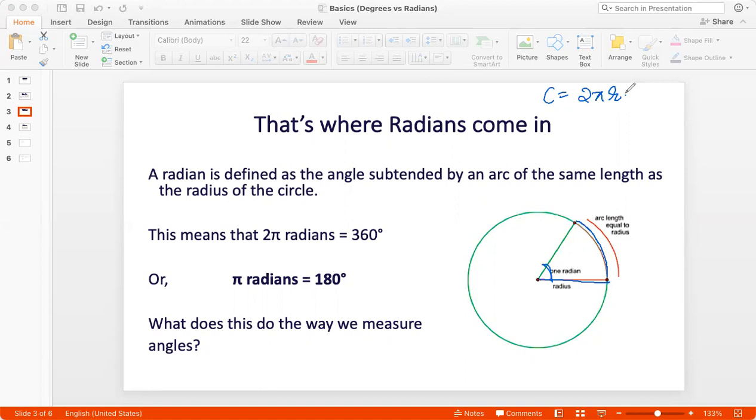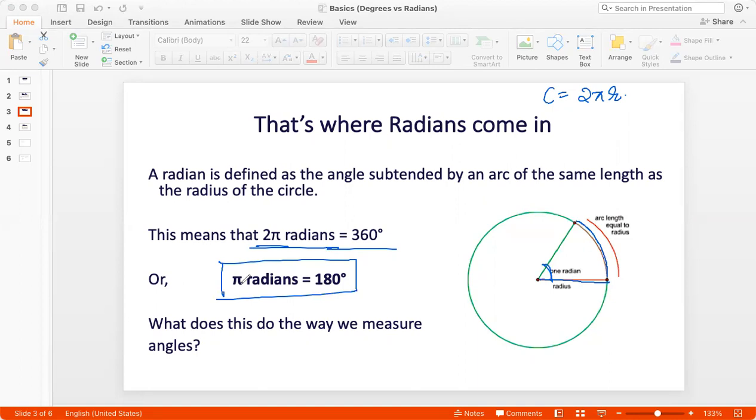That divided by the radius is 2 pi radians. So an entire circle length is 2 pi radians, which, as we know, is equal to 360 degrees, because an entire circle angle is 360 degrees, which gives me pi radians as 180 degrees, right?